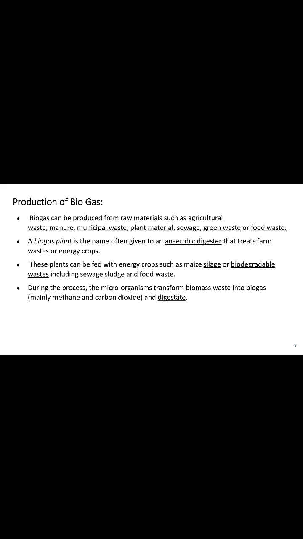These plants can be fed with energy crops such as maize silage, or biodegradable waste, including sewage sludge and food waste. During the process, microorganisms transform biomass waste into biogas, mainly methane and carbon dioxide, and digest it.